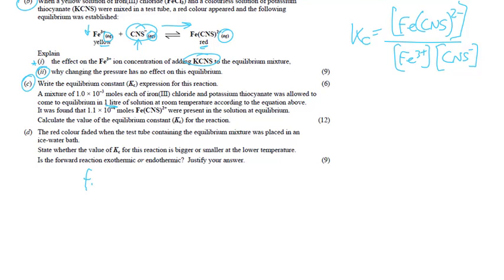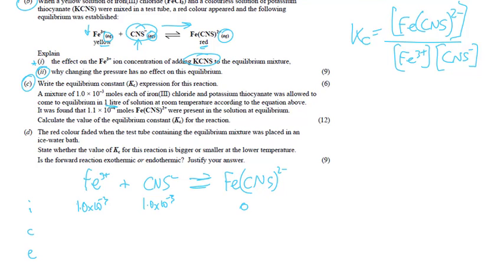We've got, write out the equation, plus CNS minus, FeCNS brackets 2 plus. Okay, and we've got I, C, and E. Okay, so initially a mixture of, we've got 1.0 by 10 to the minus 3 moles there. And same over here, 1.0 by 10 to the minus 3. And over here, initially we've got 0 products.